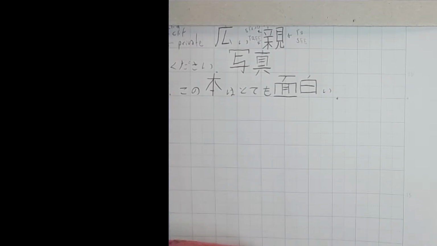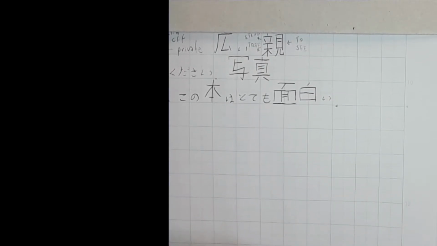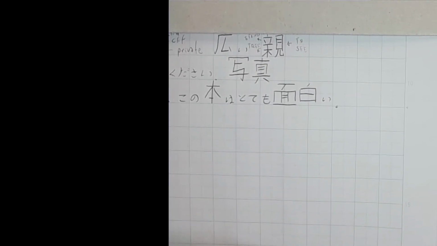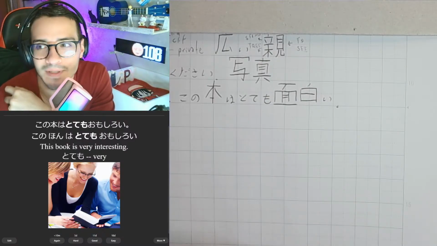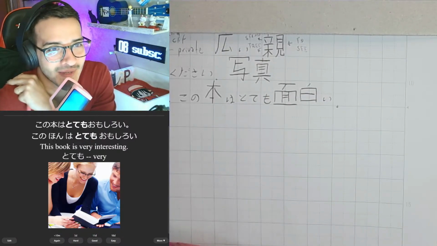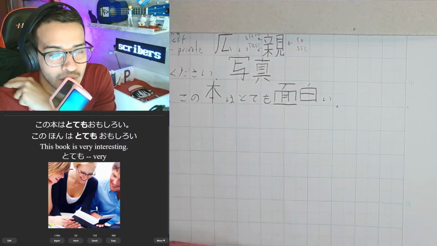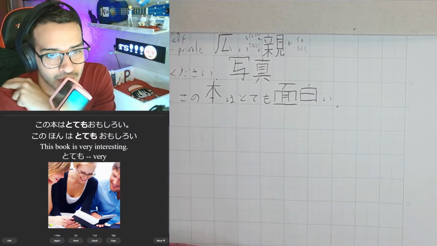I don't know. I cannot show it to you right now. But trust me, this is the kanji, okay? So this book is very interesting. この本はとても面白い。Easy.